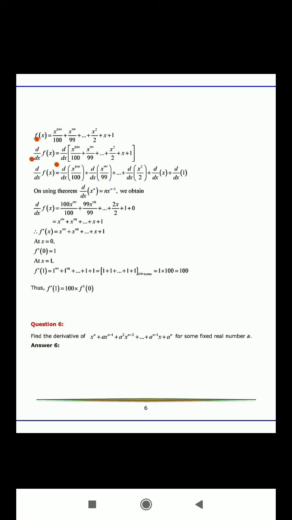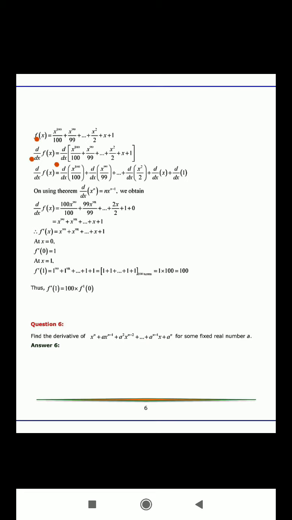Learn it, differentiation of x is 1. Applying the same formula, you will get it as 1. So keep in your mind that differentiation of x is 1. And similarly, differentiation of 1 is 0, or in place of 1, if it is 2, 3, 5 or any number, differentiation will always be 0. So use these two things directly.